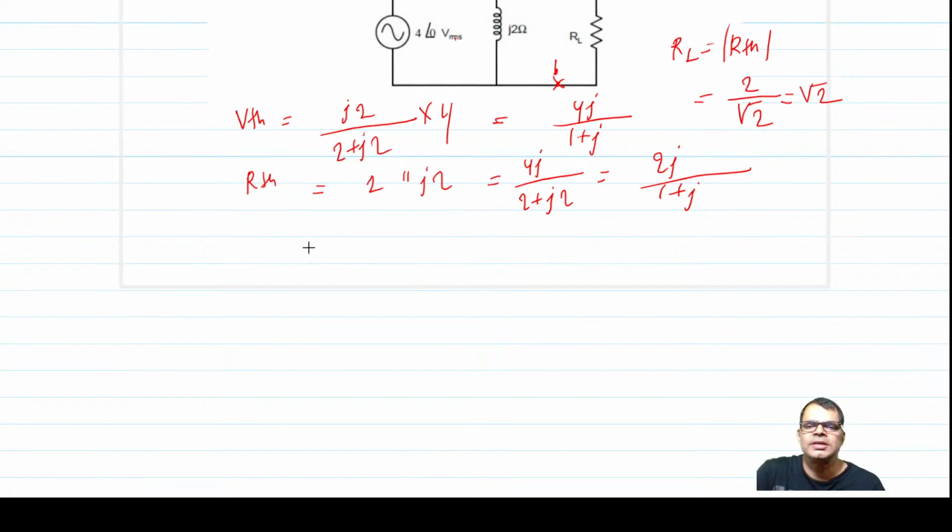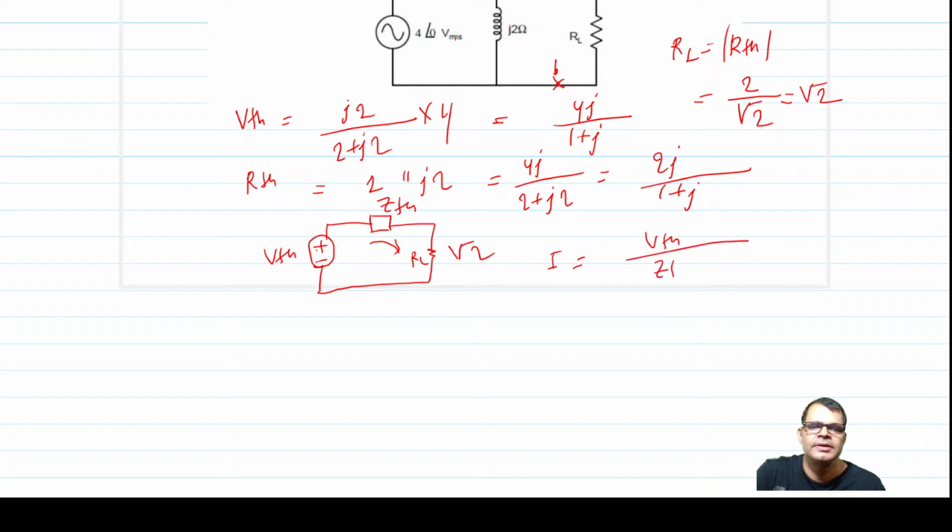So now my circuit becomes the RL, ZTH, VTH. Now I will find the I. I is equal to VTH upon ZTH plus RL.